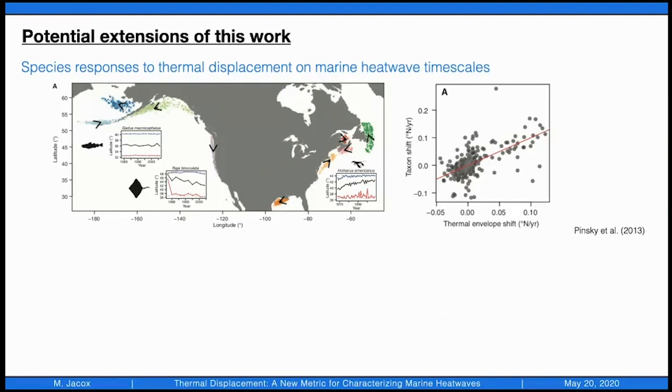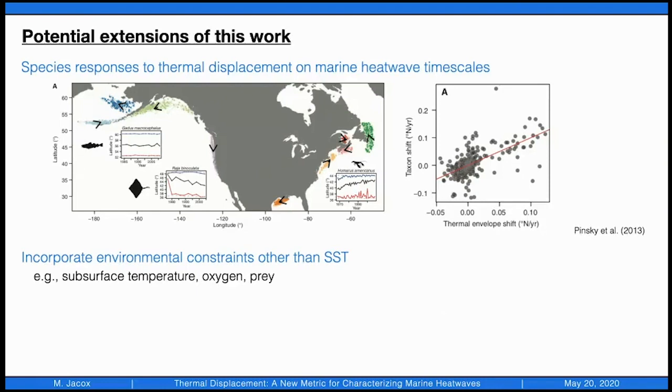So these are figures from a paper by Malin Pinsky et al., where they're looking at this climate velocity, which is this long-term movement of isotherms across the surface of the ocean, or sometimes in depth, and seeing whether marine species track those. In a lot of cases, they do.